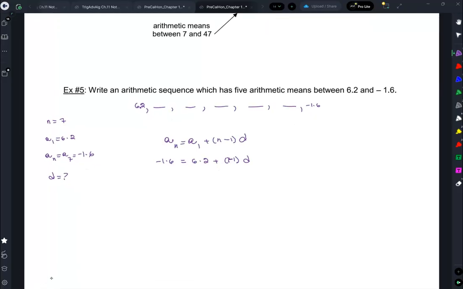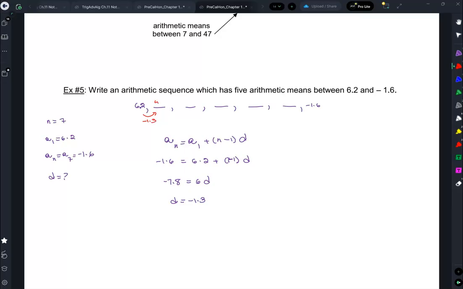You subtract 6.2, you get negative 7.8, and then you divide by 6. So D is negative 1.3. Yeah? Okay. So then, to find the numbers, it's going to be negative 1.3 each time.